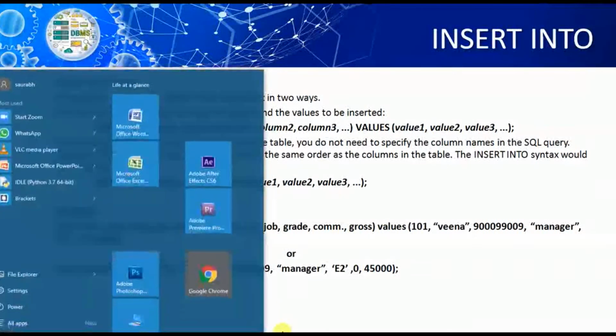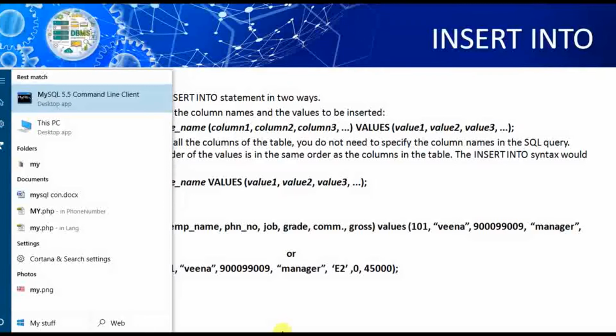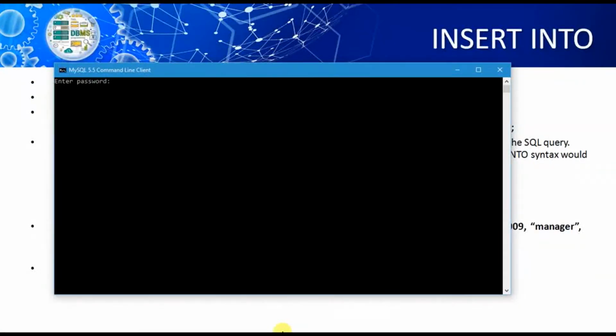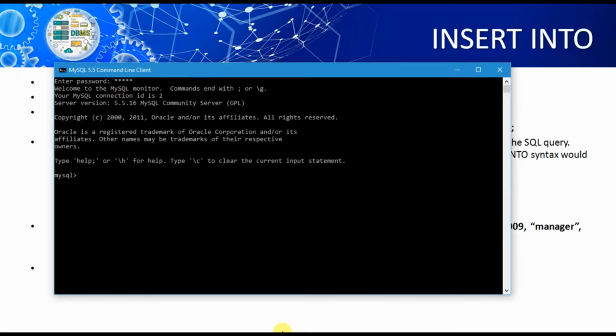and here we will enter values in a pre-built table, or rather, I will create a new table and after that perform the insertion in that new table. So I am entering my password. You will also enter the password you set for the root account.